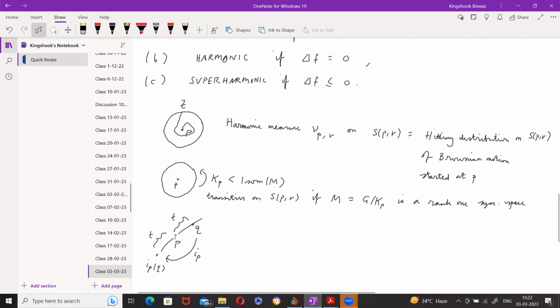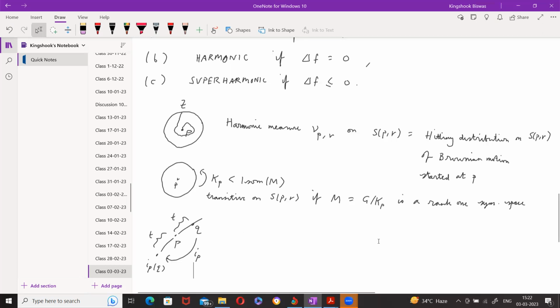The point at time t goes to the point at time minus t along the geodesic. So for a symmetric space, this geodesic involution extends to an isometry of the manifold, that means a diffeomorphism from the manifold to itself which preserves the Riemannian metric. So that is a symmetric space.